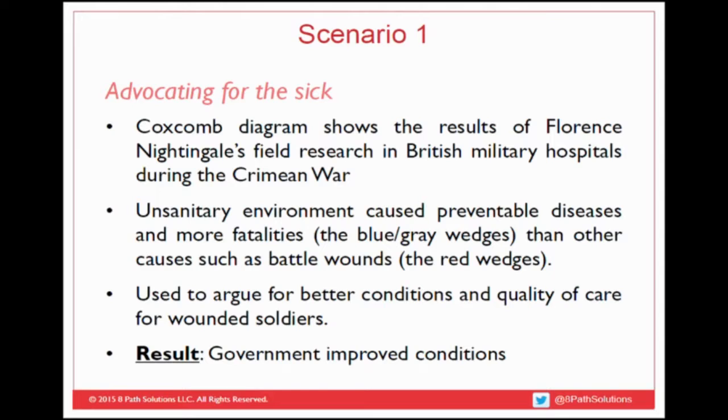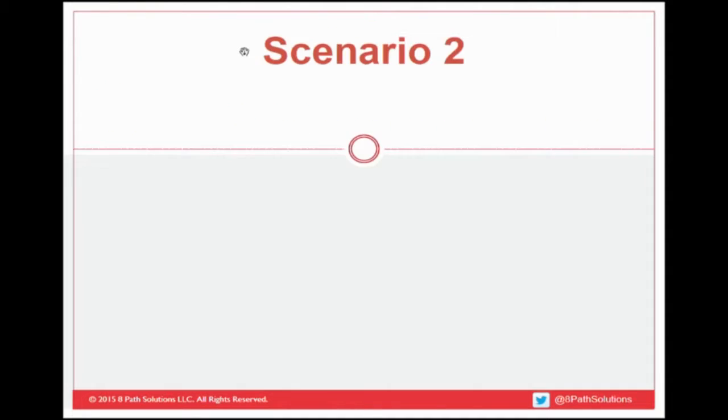It showed that an unsanitary environment caused preventable diseases and more fatalities than other causes such as battle wounds, which is the red that you saw. It was used to argue for better conditions and quality of care of wounded soldiers. And ultimately, the results were that the conditions improved. The government saw this and actually improved the conditions.